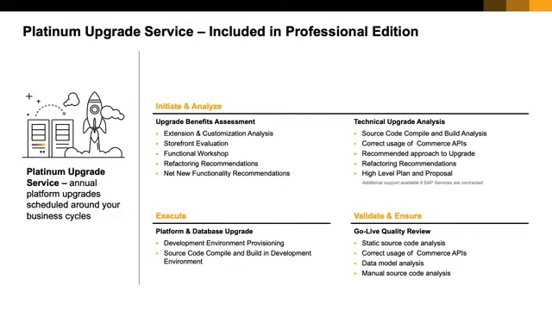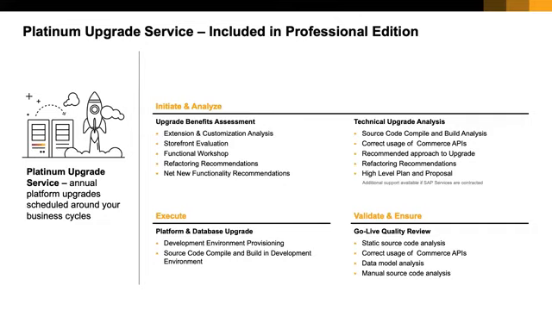Based on the technical upgrade analysis, we list what needs to be done in the platform and what needs to be done in your custom code. What needs to be done on the platform, we handle, but what needs to be handled on your custom code will not be handled. The upgraded platform and database will be provided to you with the remaining work on the custom code, and then you will adapt your custom code for the upgraded version.